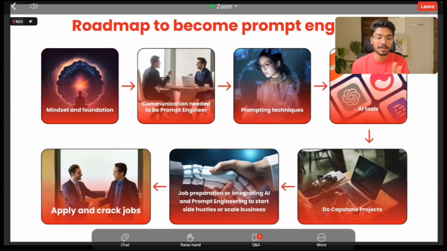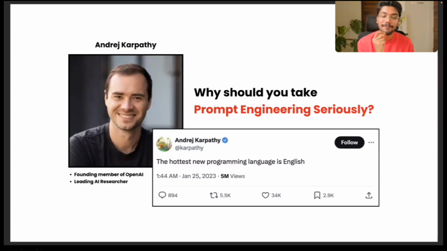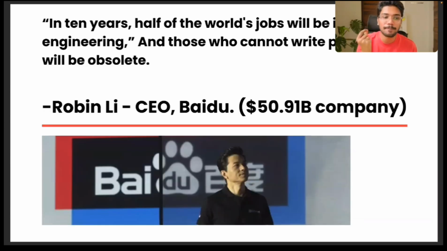If you clearly have a track right now to achieve your goal of making more money with prompt engineering, yes, half of the world's jobs will be in prompt engineering, and those who cannot write prompts will be obsolete, according to Robin Li, CEO of Baidu, a $50 billion company.